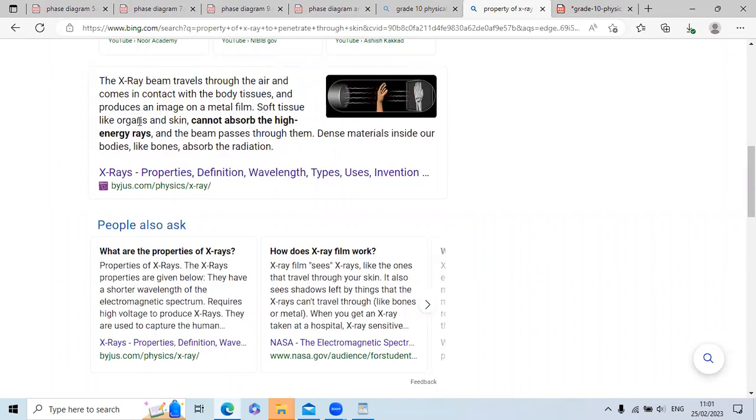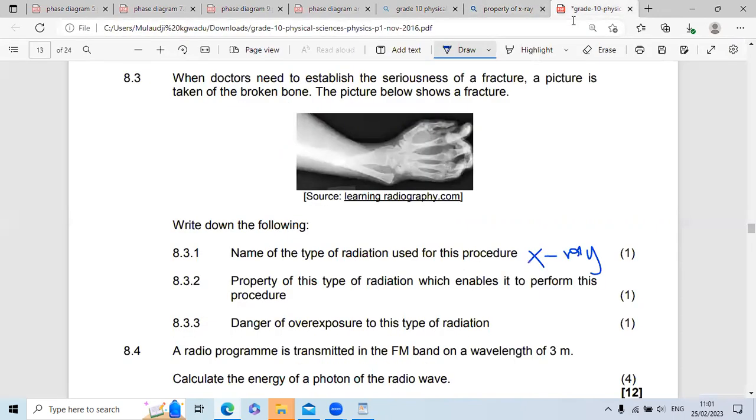Soft tissue like organs and skin cannot absorb this high energy ray, and the beam passes through them. Dense material in our bodies, like bones, absorb this radiation, and that's why we can see our bones. But since our skin and organs cannot absorb that radiation, we cannot see our skin using an X-ray. So I think that's actually a very nice explanation.